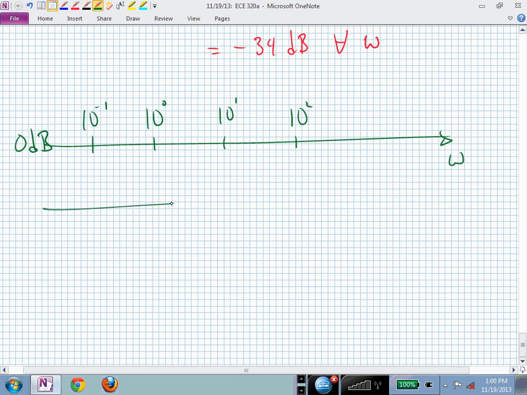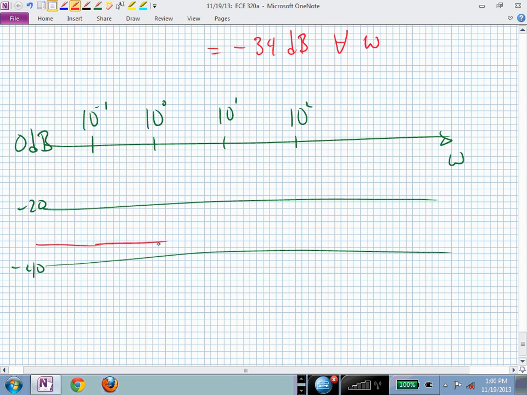Now I'm down below minus 20 and minus 40, or in between there, and now I'm looking at minus 34 dB. That's the Bode plot of that constant term for all frequencies. That contributes a value of minus 34 dB at all frequencies. That's all that's saying.